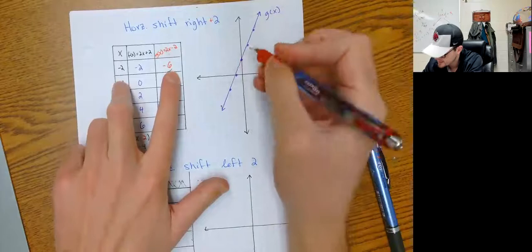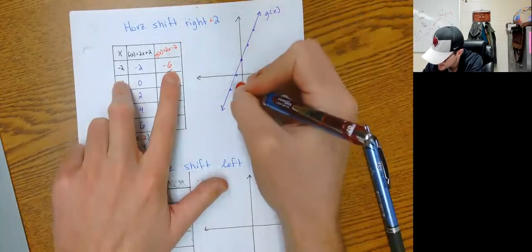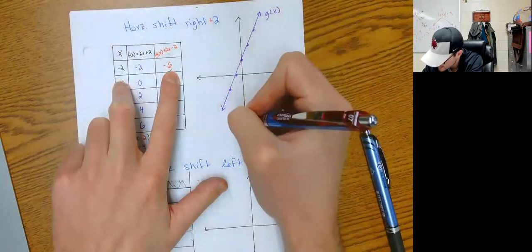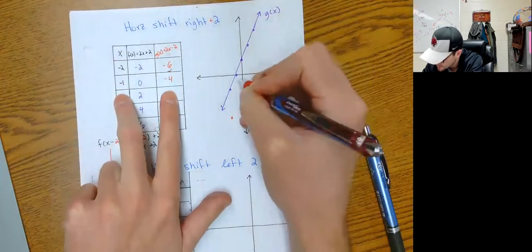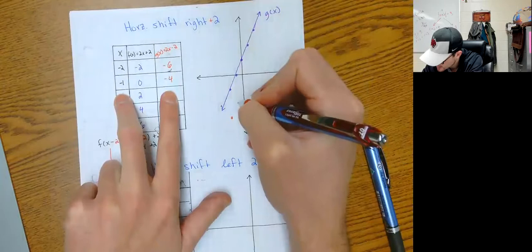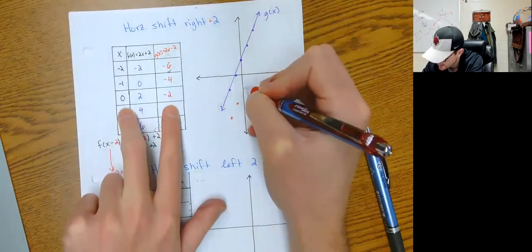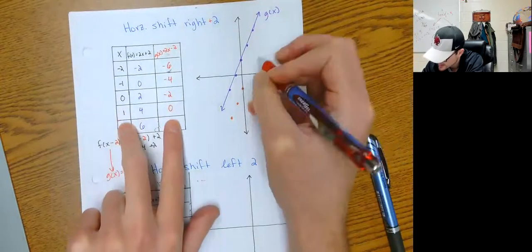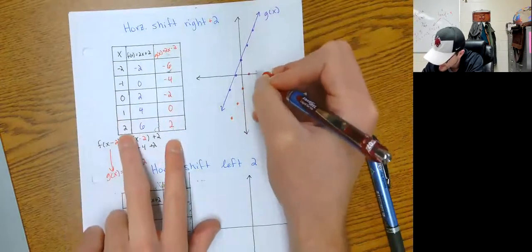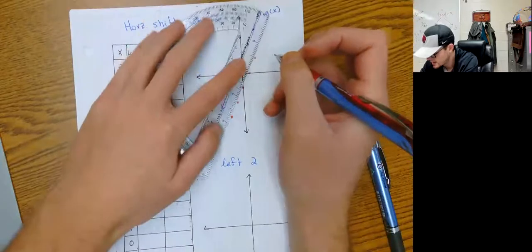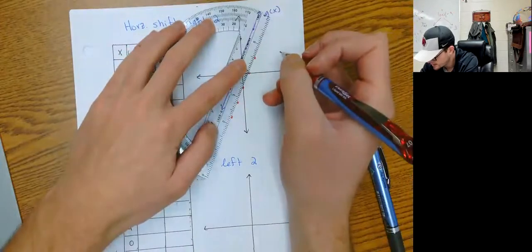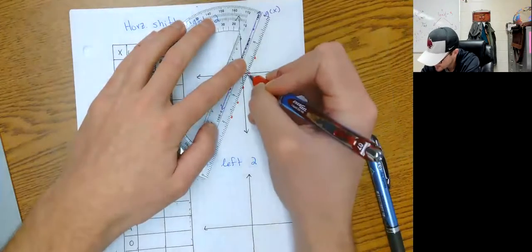Now we got negative 2, negative 6. So negative 2, negative 6 is right here. Negative 1, negative 4. It's right there. 0, negative 2, 1, 0, and then 2, 2. Okay, get this on the line.